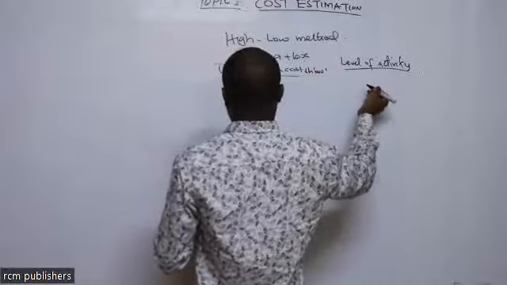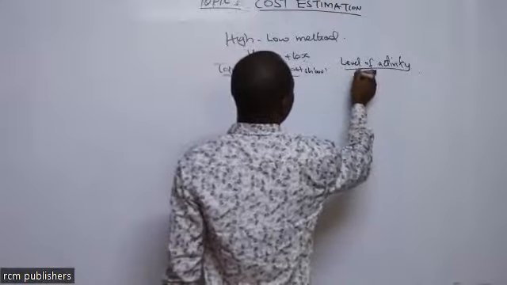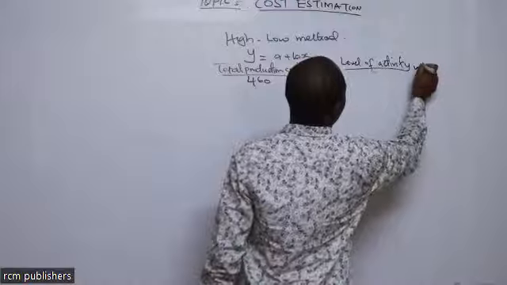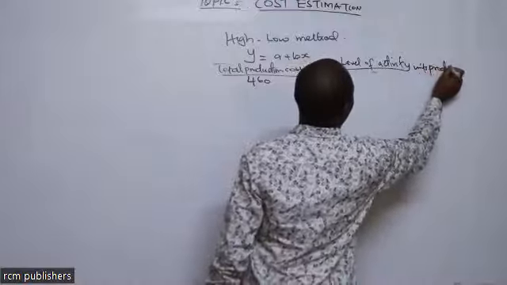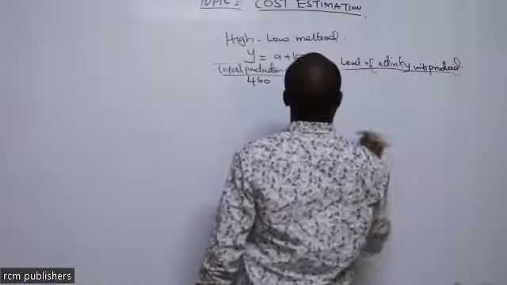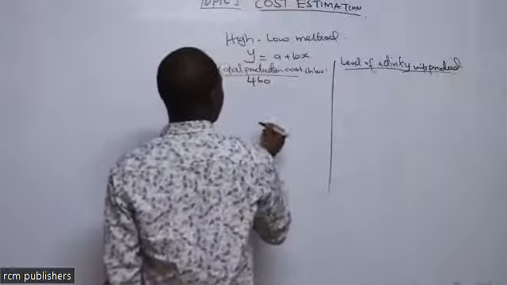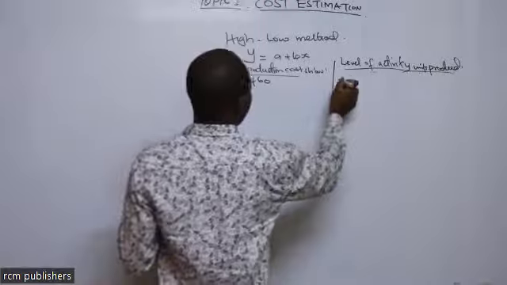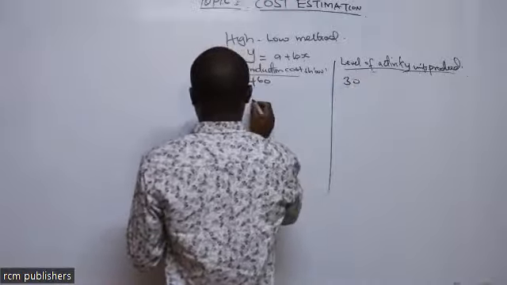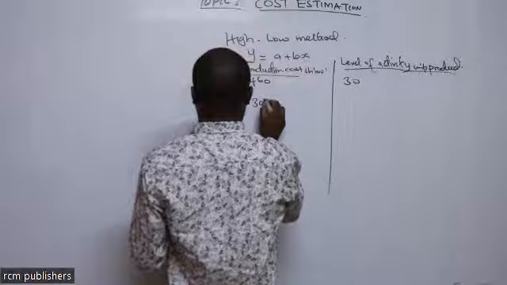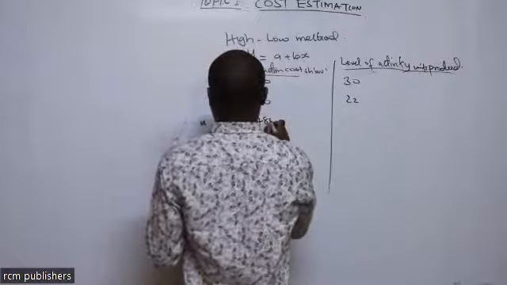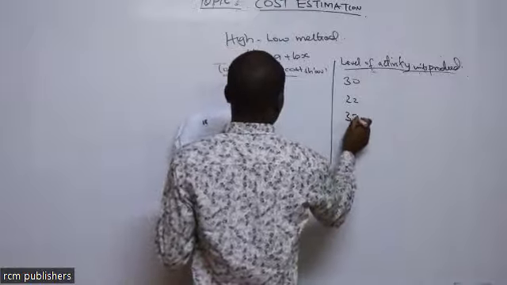And then this one here is given in units produced. So that is what we have there. Of course, there are only those 2 columns. So the first one is 460 against 30. We have 300 against 22. We have 480 against 33.